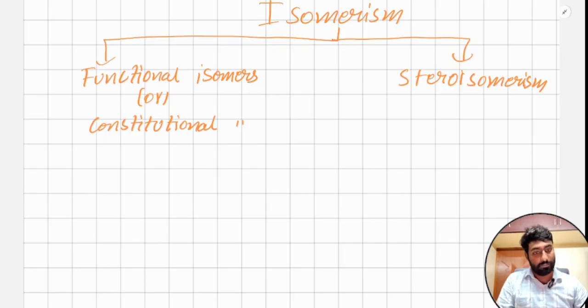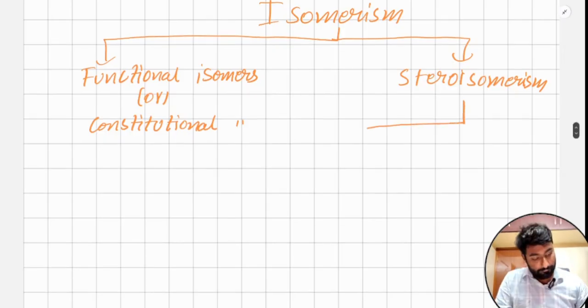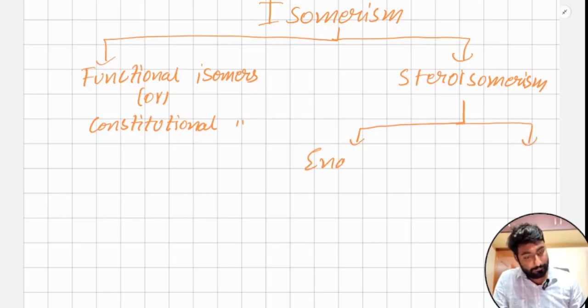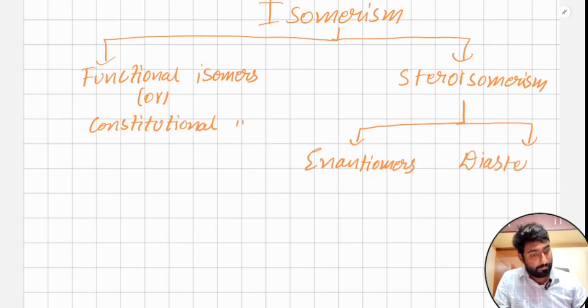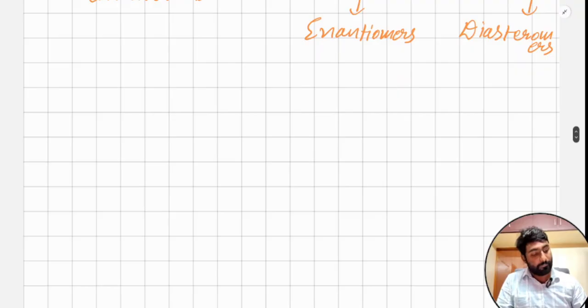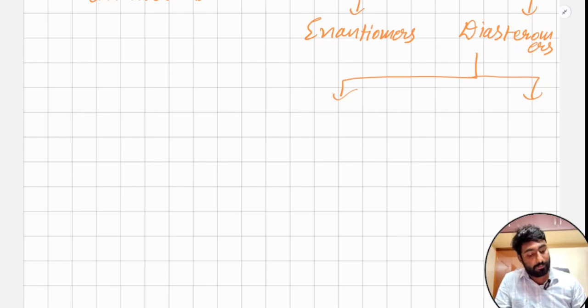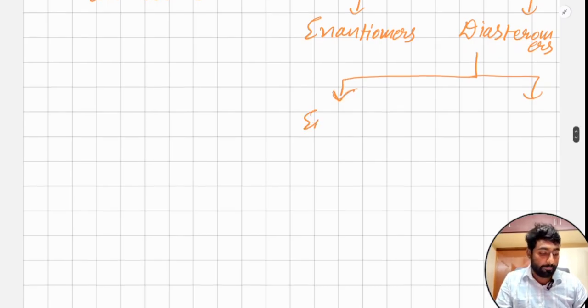Okay, in stereoisomerism, again we have enantiomers and diastereomers. And in diastereomers we have epimers and anomers.